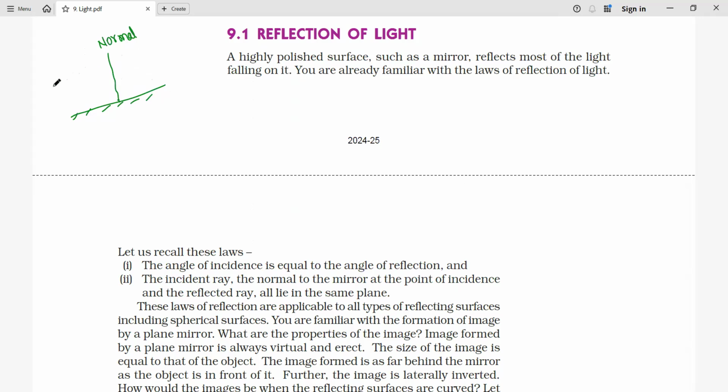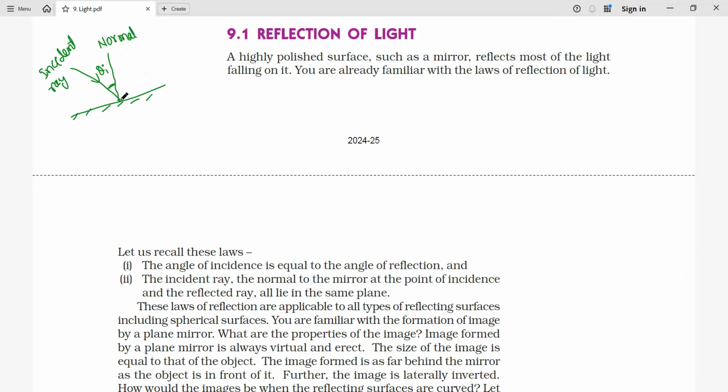Now one light ray is going to fall on this surface. This ray is called the incident ray, and it makes some angle theta. So theta is the incident angle.